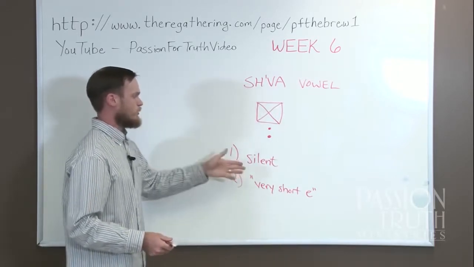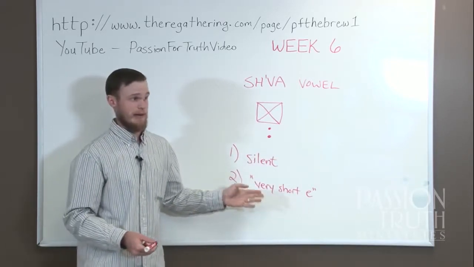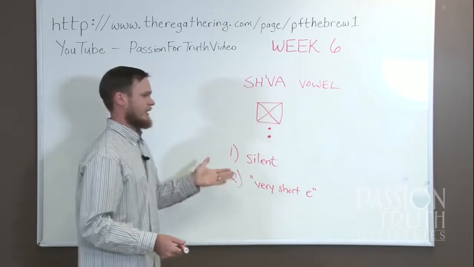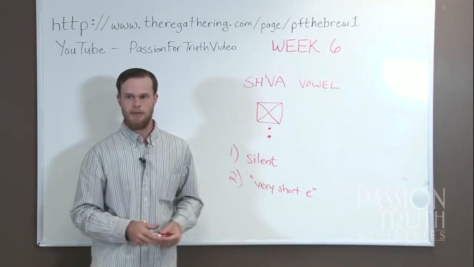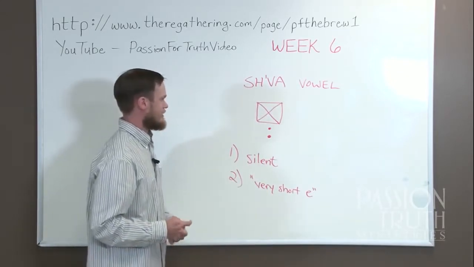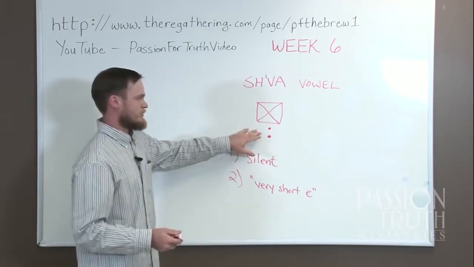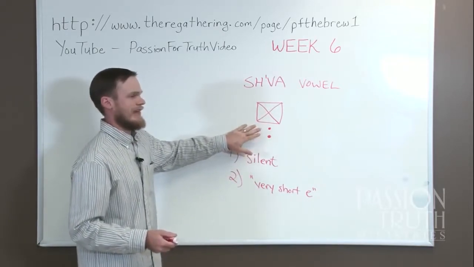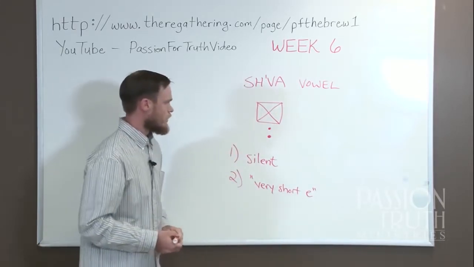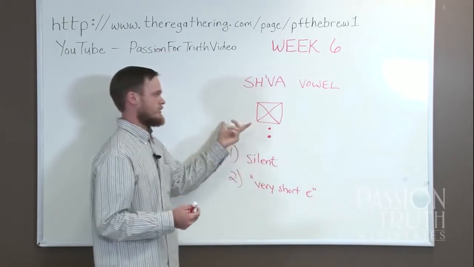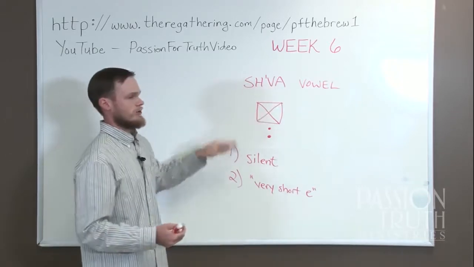Basically, there are rules governing when you don't pronounce it at all and when you pronounce it very slightly. I'm not going to go into those right now because they're complicated and they have to do with memorizing how syllables function and a bunch of technicalities that just kind of bog you down at this point. So, for all intents and purposes right now, you can think of the shva as representing the absence of any other vowel sound. Okay, so when you see two letters adjacent to each other, and a shva is under the first of the two letters, just run those letters together.